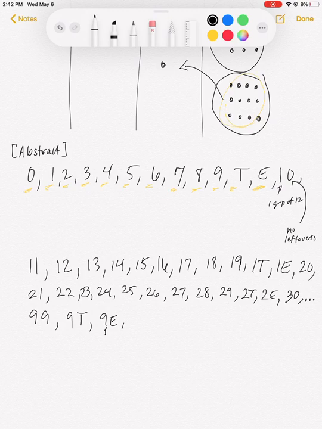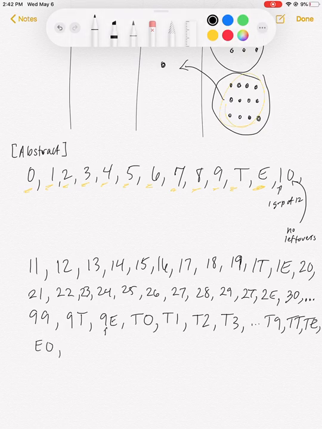So that's going to be T0 base 12, T1 base 12, T2 base 12, T3 base 12, and so on to T9 base 12, TT base 12, TE base 12, and then we have E0 base 12. Okay, 11 objects in this column, 0 leftovers, E1 base 12, and so on.